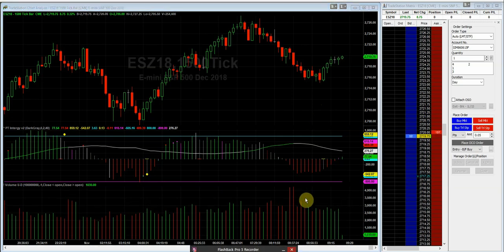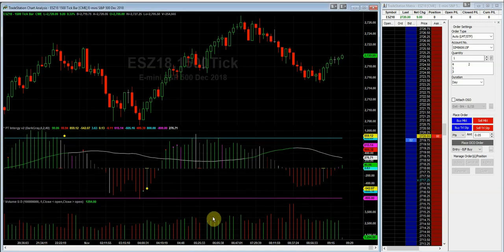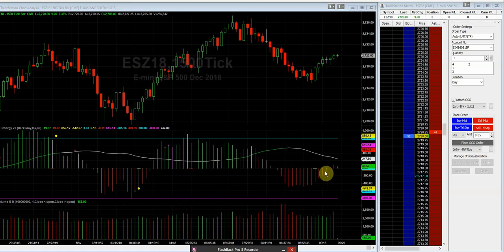In fact, we actually don't need this volume indicator down here. Let me shorten that a little bit. So we'll just leave it like that, I guess. Okay, it's just before the open here. As we can see, the supply side came in. It got weaker because the effort bars are getting shorter, and here is weakness within it.